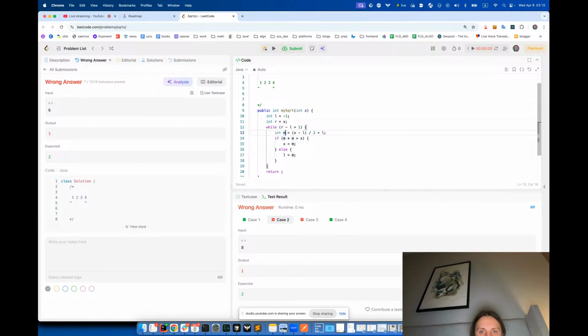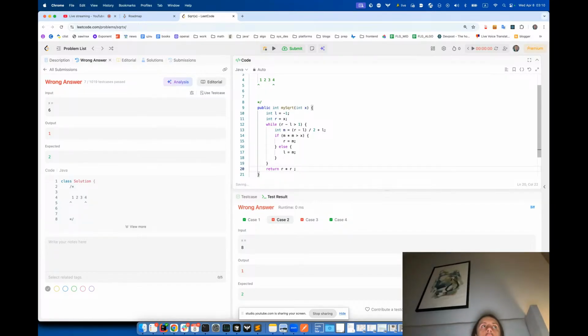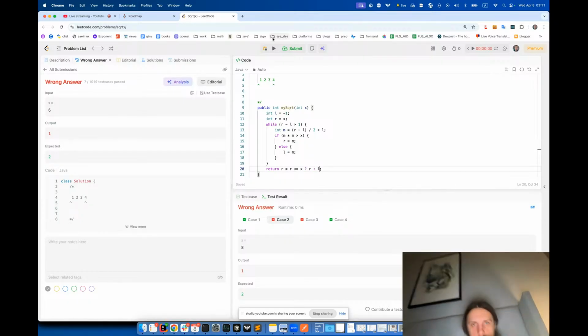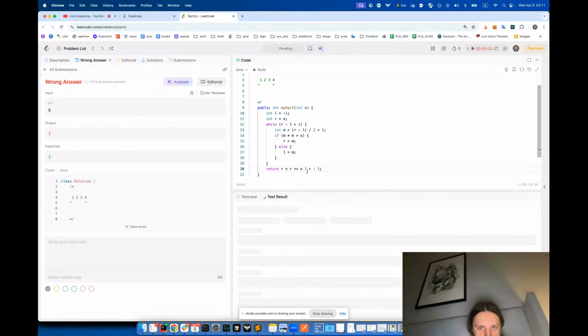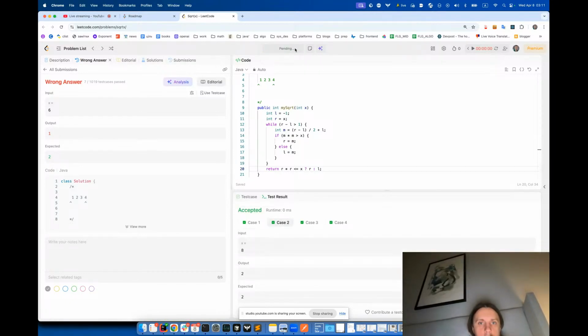Here I have right, middle, right. And here, for example, if right multiplied by right is less or equal to x, then I return right, otherwise left. Okay, let's submit.